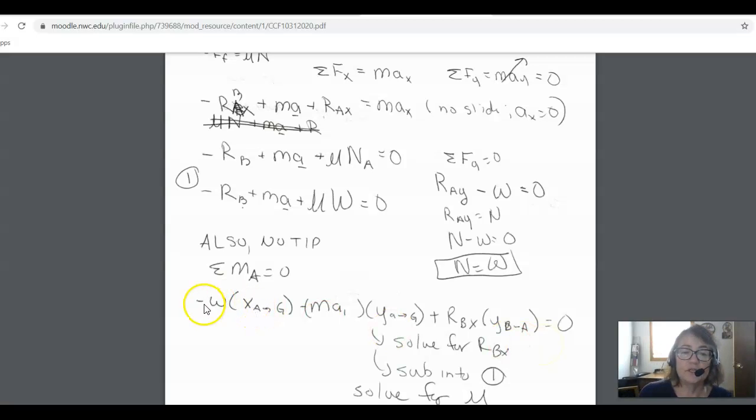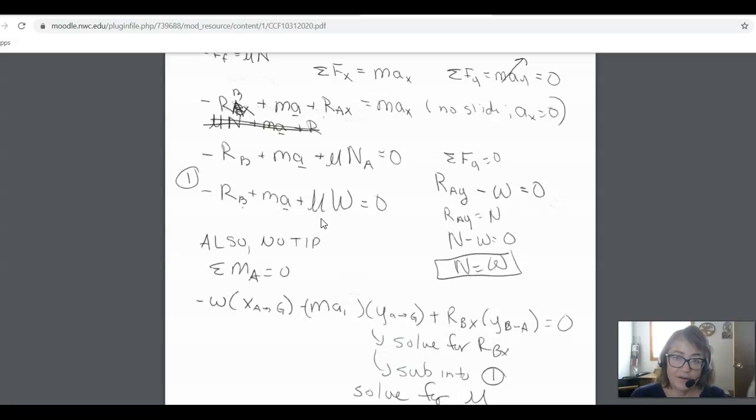All right, so in this equation, this is just RB, right? I have this known, I can find this from the geometry, these are known, and I can find this from the geometry. So my only unknown is RBx. I can solve for RBx, substitute it in here, and solve for mu, which is the coefficient of static friction.